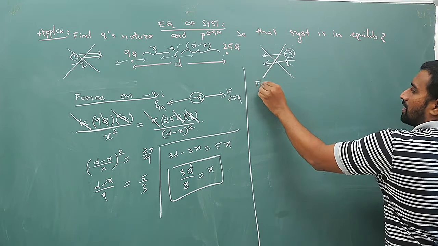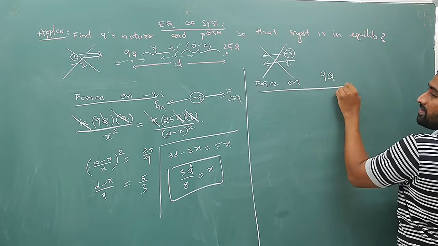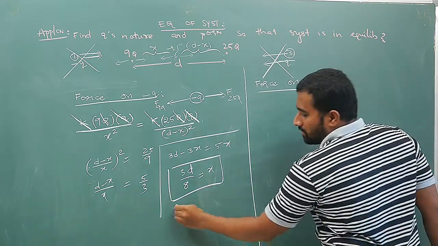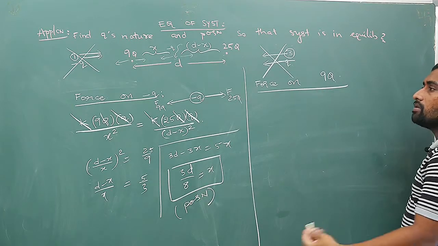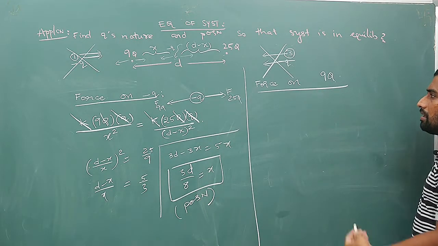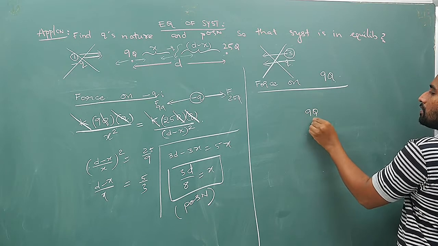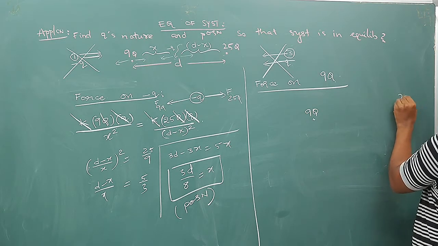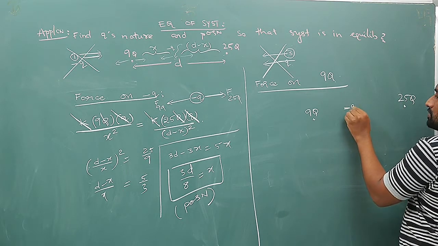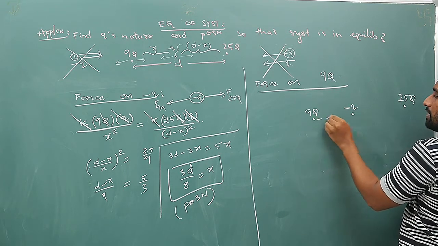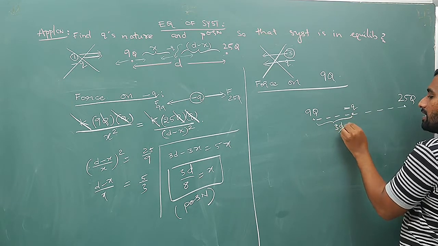And now consider the force on 9q. Because we did not get the magnitude, this gave us the position. From this calculation we have got where you are supposed to place the charge. Now you want the magnitude of the charge. So on 9q here, you are placing the minus q charge not in the middle, but at a distance of 3d by 8.